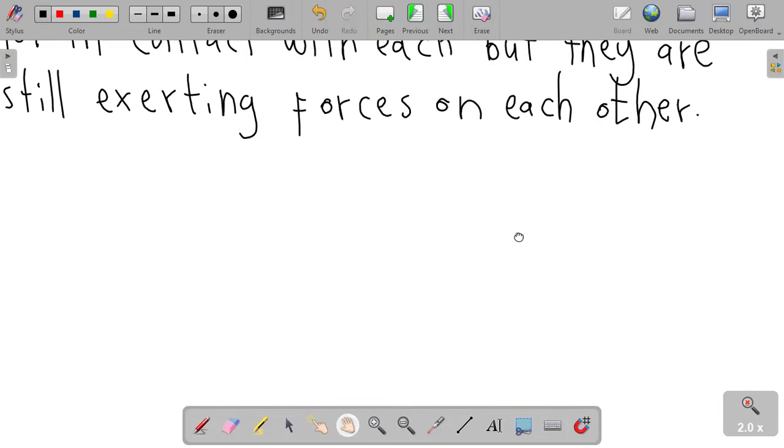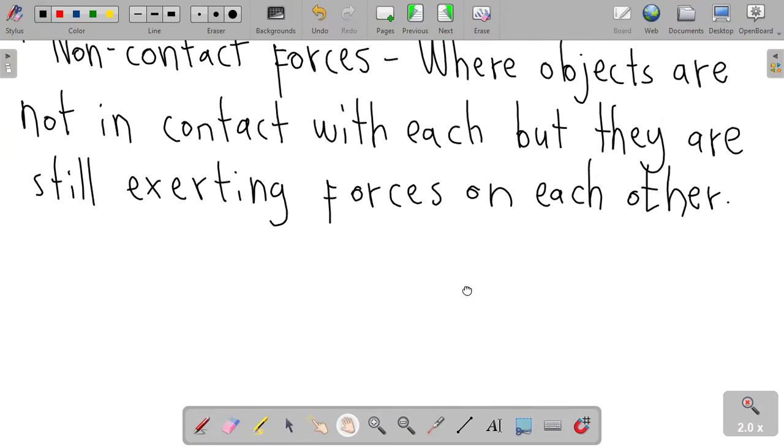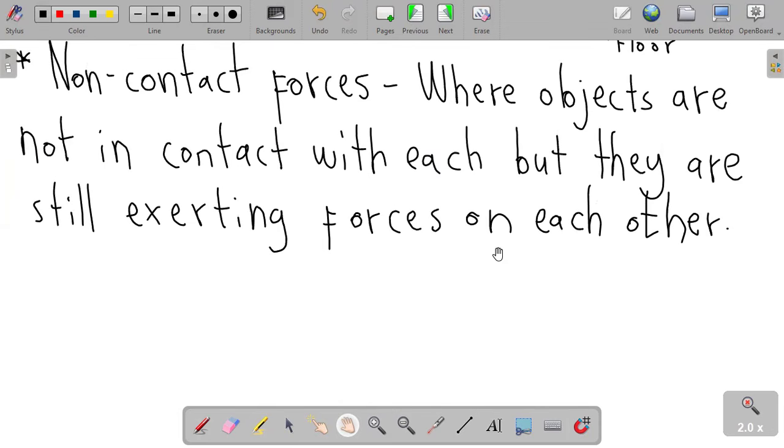Can I give you an example? Let's say you have an example of objects that are not in contact. We can use magnets.